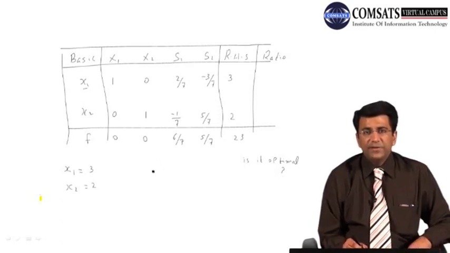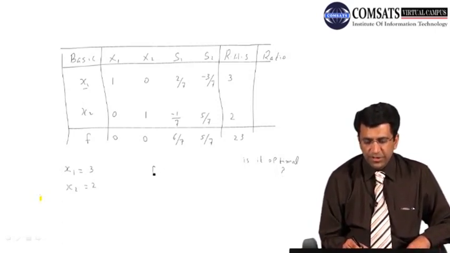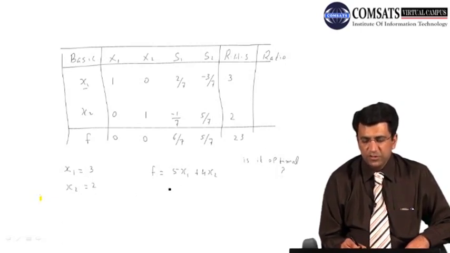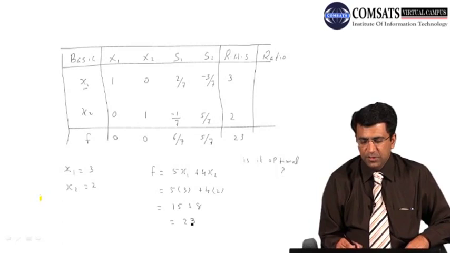Now let me write the objective function here again, that is f is equal to 5x1 plus 4x2. This was our basic objective function. If we put the value of x1 is equal to 3 and x2 is equal to 2 in this objective function, we will get 5 multiplied by 3 plus 4 multiplied by 2. This will be equal to 15 plus 8 equal to 23.